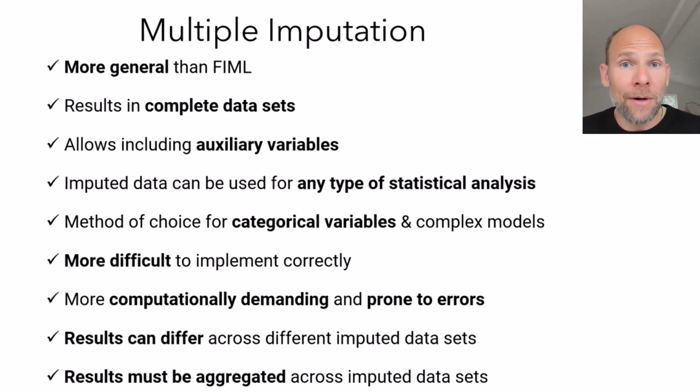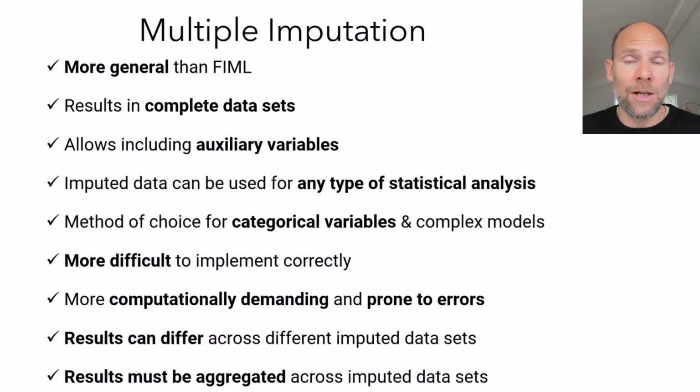So in summary, we can say full information maximum likelihood is simpler. Easier, less can go wrong. For beginners, it's the technique of choice that I would always recommend, as long as you have continuous variables, meaning interval scale variables. In that situation, there's hardly any reason to ever use multiple imputation unless you're dealing with special types of statistical models that require that.